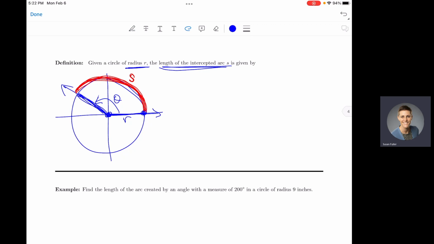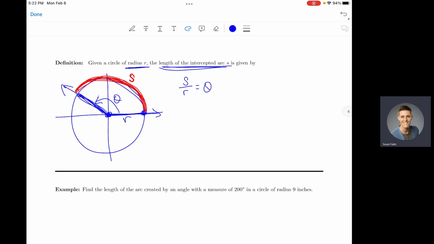Now, the link between these three values is that if I take the arc length S and divide by the radius, I figure out how many radius lengths are in that arc length. That will tell me how many radians large my angle theta is.